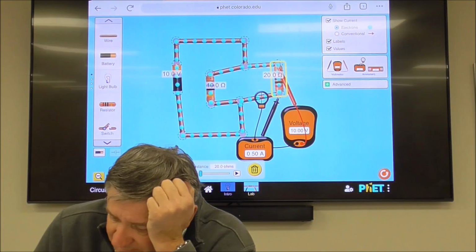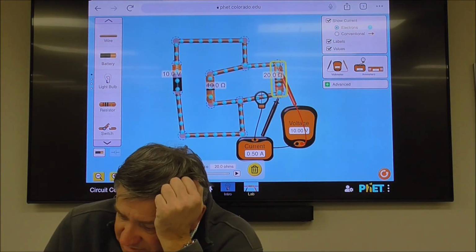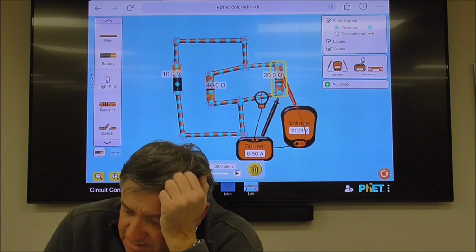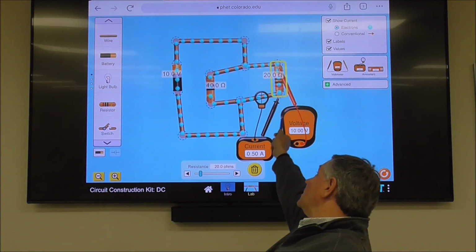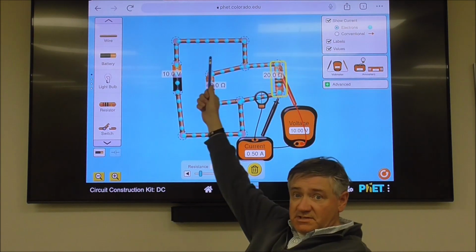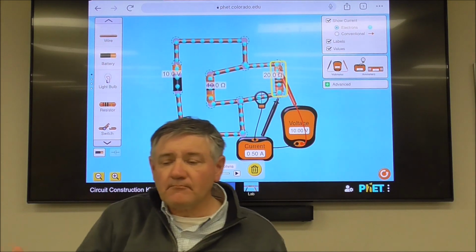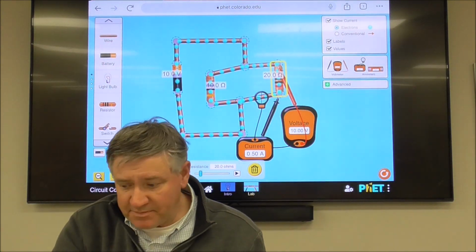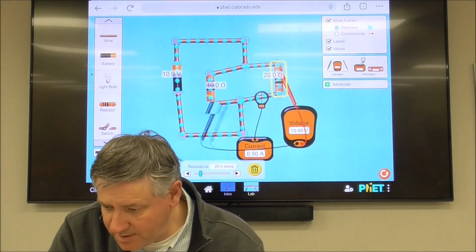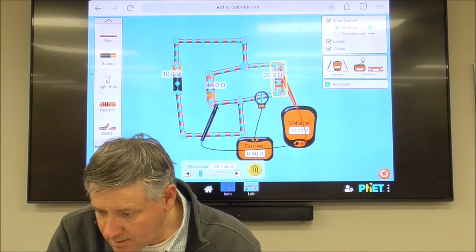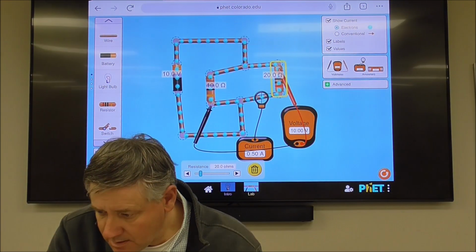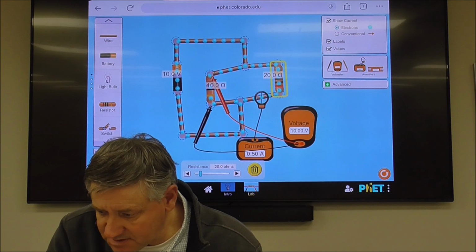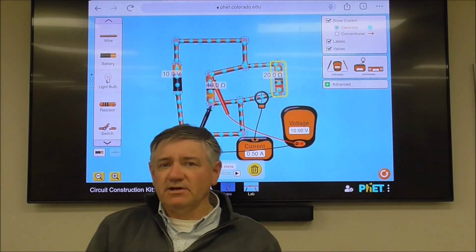We got that one. Now, when you look at the voltage, notice that even though this is still a 20 ohm resistor, the voltage drop is still 10. If I come over here and measure the voltage drop across there, notice that's still 10 volts.